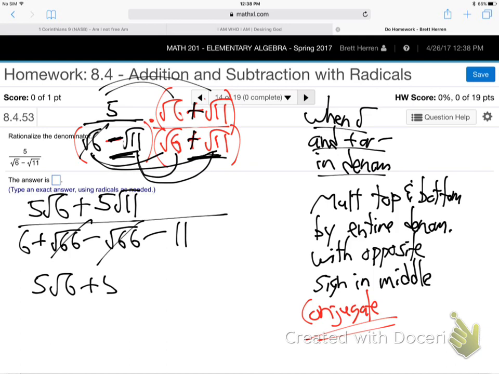All right, what do we got left then? 5 root 6 plus 5 root 11 over 6 minus 11? Negative 5. That's weird. Can we stop there? Can we cancel the 5s? How many 5s? Like all 3 5s? Just 2 of them?